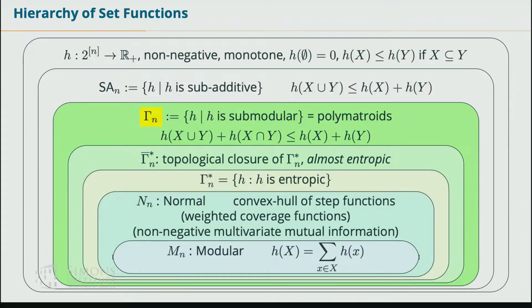And there's a class of functions called entropic functions, which are basically entropies of some discrete distributions. And then as we are moving down, at the very bottom of this hierarchy is the set of modular functions, which is very, very simple. h of x is the sum of h of the elements in x. And these have to be non-negative.